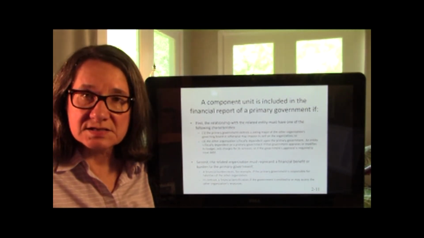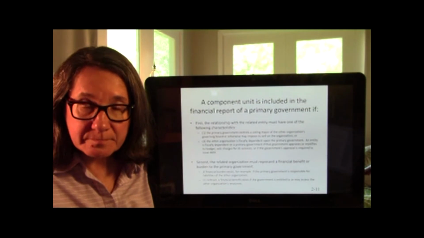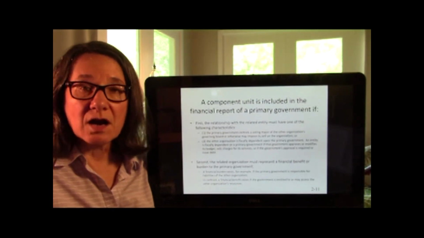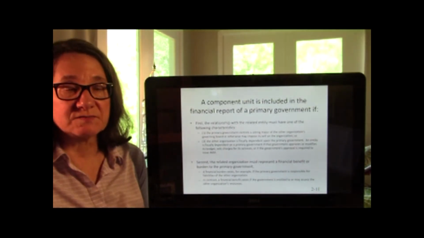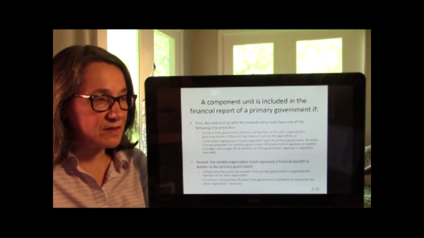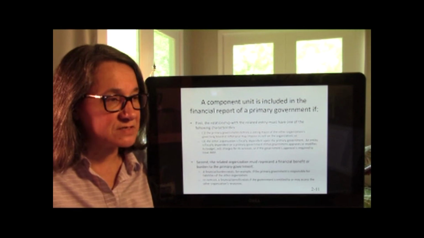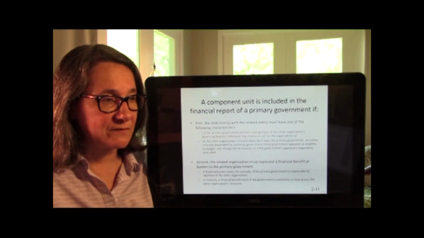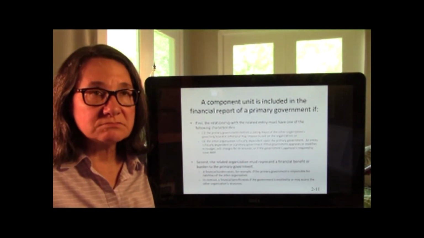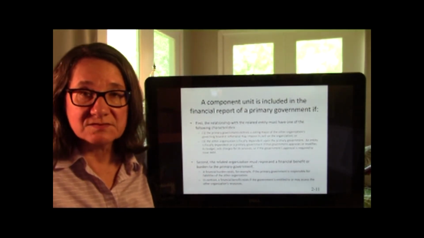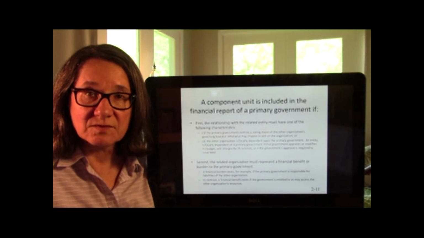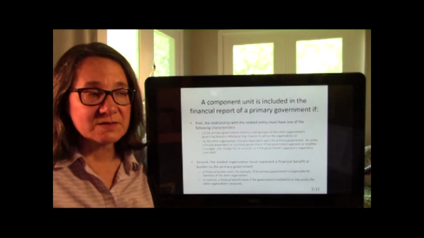So for the Texas A&M system, our governor appoints the Board of Regents. So it's part of the state of Texas. It's very clearly part of the state of Texas. The other organization is fiscally dependent on the primary government. So they're not totally fiscally dependent on the state, but a lot of the money for Kingsville and all the A&M system universities comes from the state.